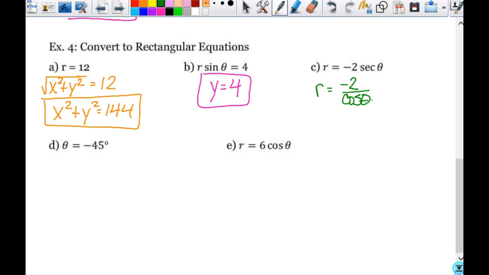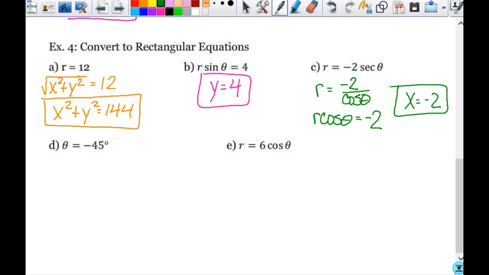So to get it out of the denominator, I can multiply both sides by cosine theta. Would you agree with that? So that's going to give me r cosine theta equals what? -2. Now, do I have something to substitute for r cosine theta? X. So my answer is x equals -2. And this is just a vertical line. Okay. We good? Any questions?